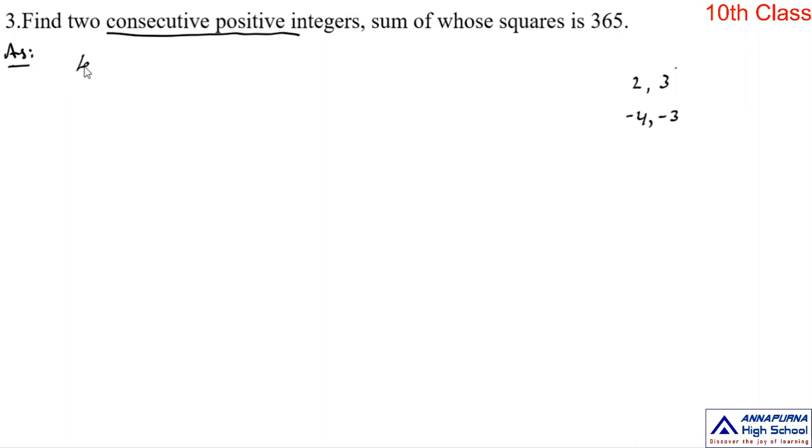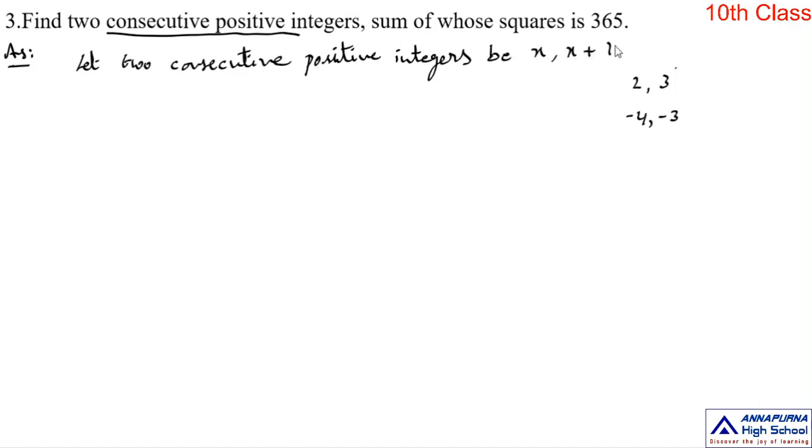So first of all we choose the two consecutive positive integers. Let the two consecutive positive integers be x, x plus 1.